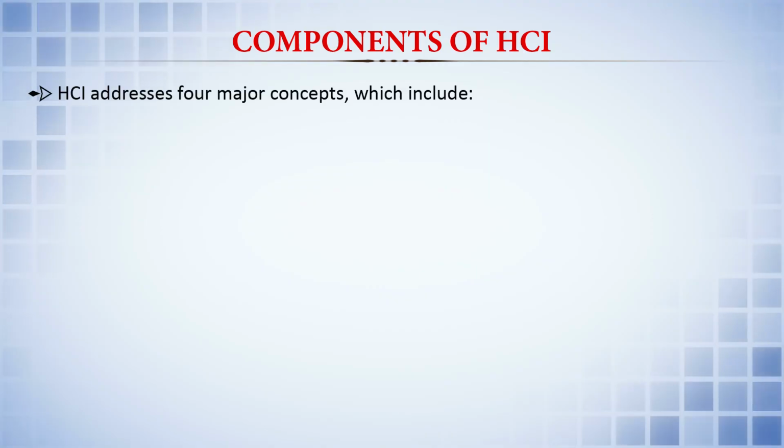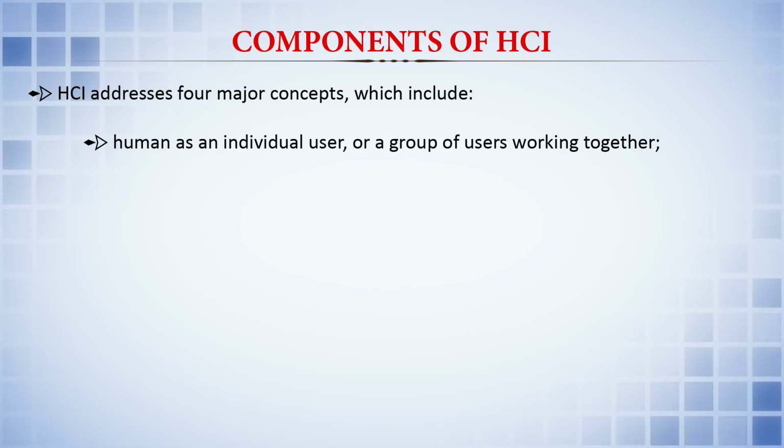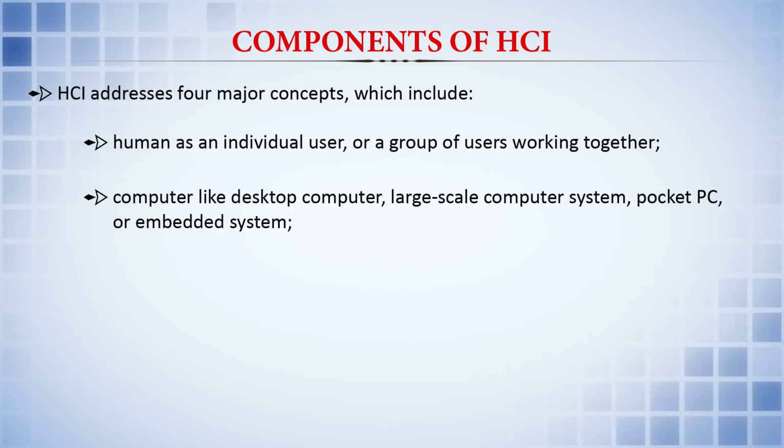Let us study the components of human computer interaction. HCI addresses four major concepts. One is the human, as an individual user or a group of users working together. Here the aspect of human is covered. The second component is the computer, like a desktop computer, large scale computer system, pocket PC, embedded system, a simple tablet, whatever the case may be.